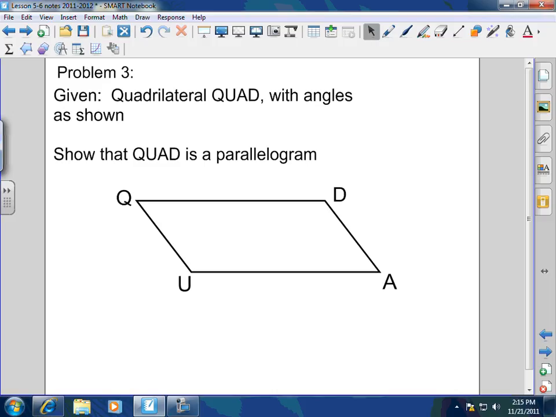All right. Now, what if I have this quadrilateral here? I'm going to show you the angles, what they are right now. And we want to show that QUAD is a parallelogram.